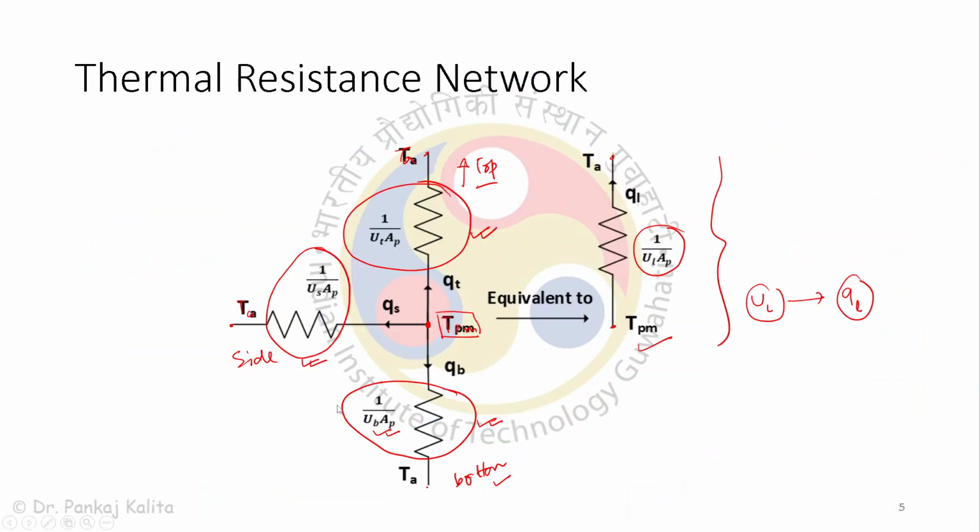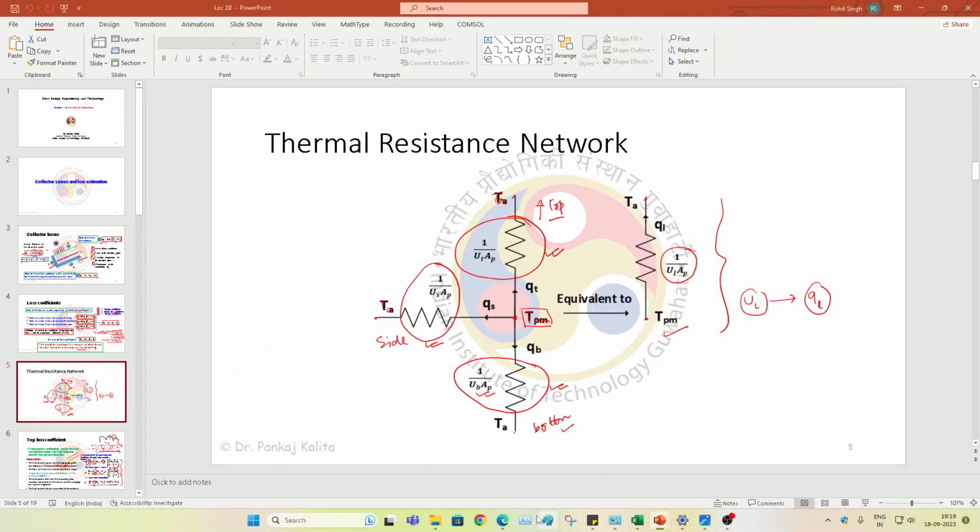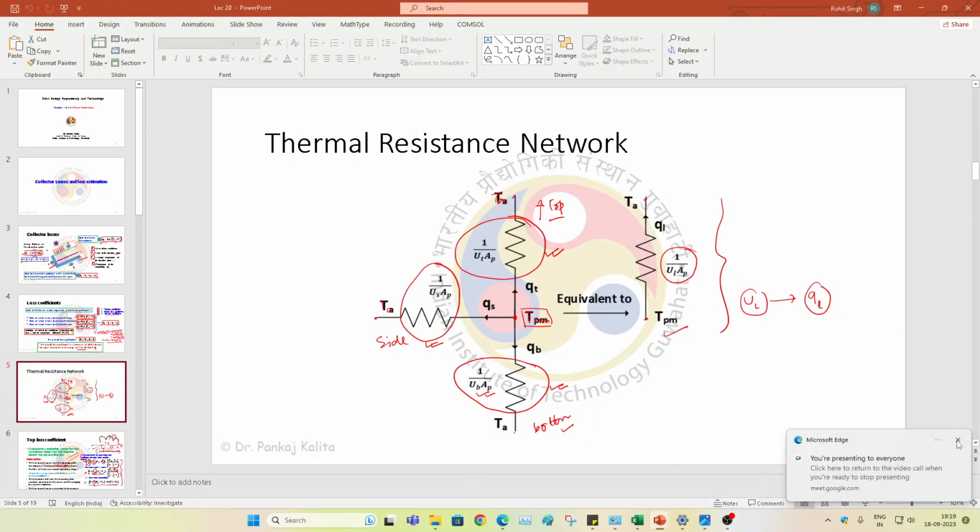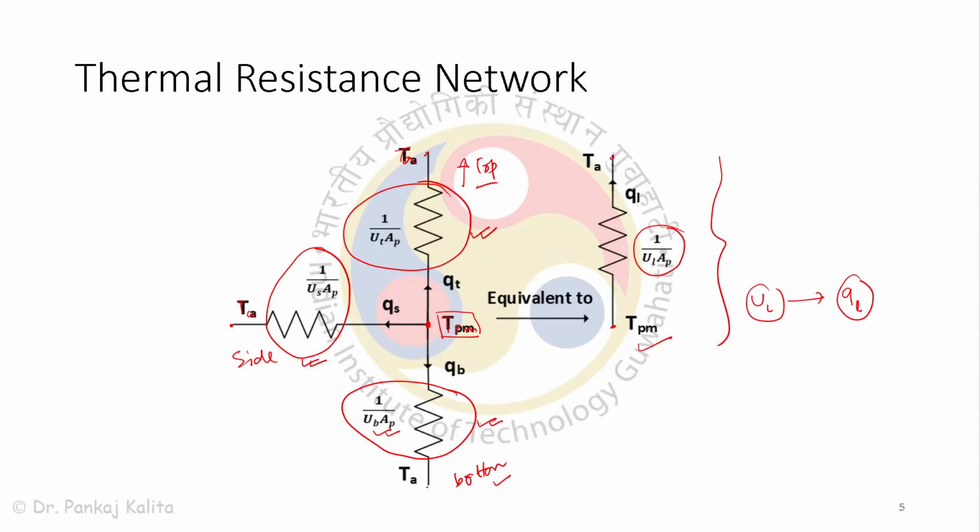This is the thermal resistance network. I think this will be very useful if you want to reduce a complex network to a single one, and that also helps in solving the numericals in a much easier way.